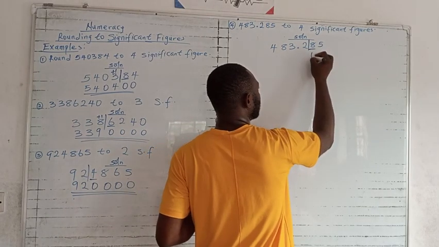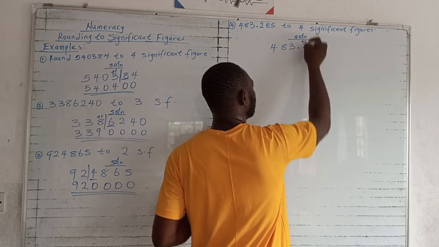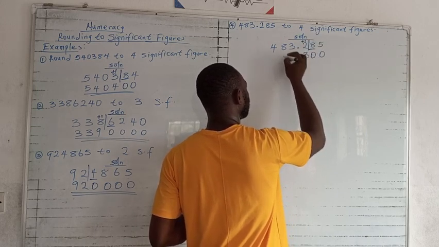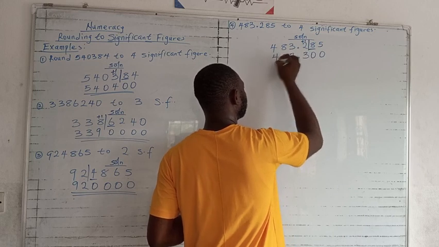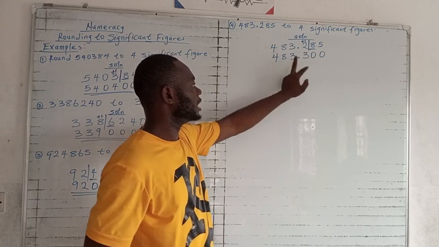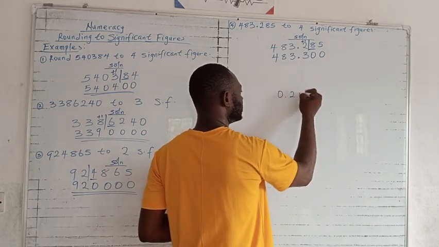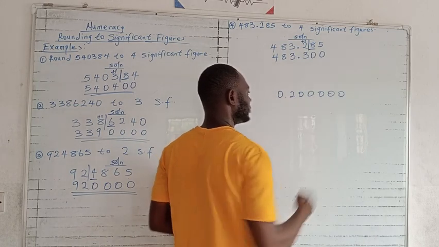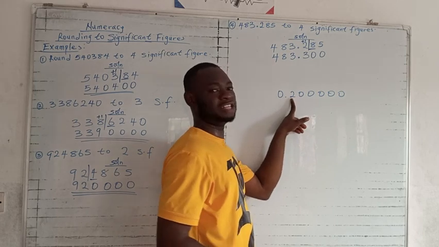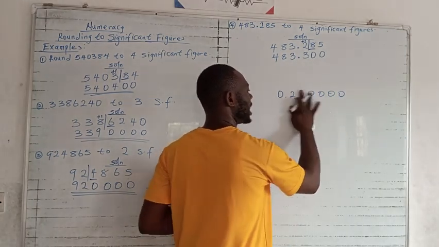As we are rounding up, here will become 0, here will become 0. Then we add 1 to 2. 1 plus 2, 3. Bring down your point. 3 comes down, 8 comes down, 4 comes down. Now, since we are rounding to 4 significant figures and this is a decimal, you know that once there are zeros at the back of the decimal values without any significant digits, these zeros are not important.